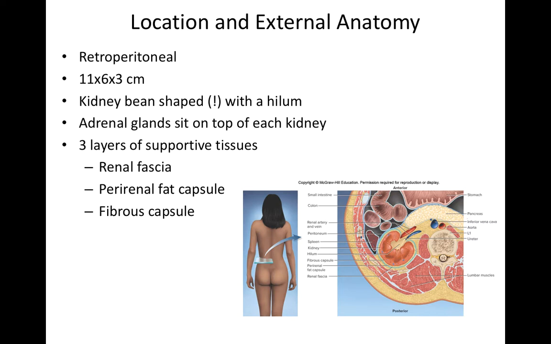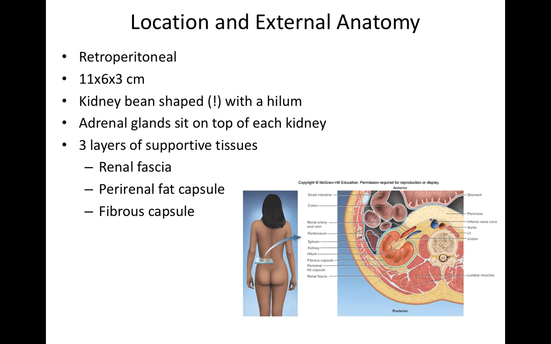We have sort of 3 layers of protection for them, starting with the outermost layer, which is indicated in green here. This is the renal fascia. So this is connective tissue that is going to sort of blend into this peritoneum and to the surrounding tissues, and it's going to hold the kidneys in roughly the right place.